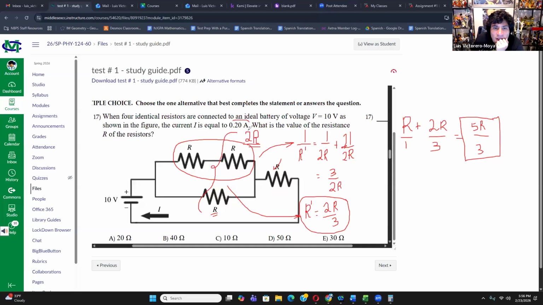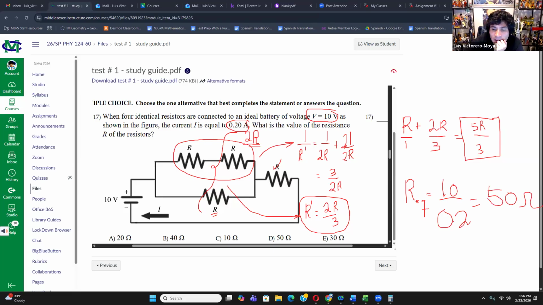Now, they give you the current, they give you the voltage, so R equivalent is V over I, which will give you 50 ohms.